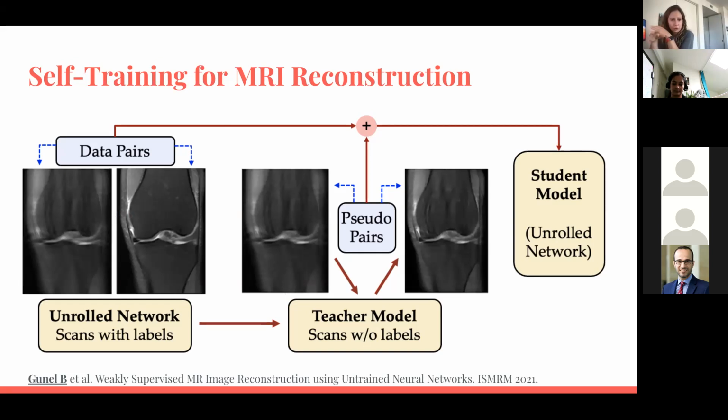We use that as a teacher model to pseudo-label purely undersampled scans, which we have a lot of, since we can always get access to a bunch of undersampled scans. You can see the inferred pseudo pairs still have some aliasing artifacts, they're not perfect, but then we combine these supervised pairs and weakly supervised noisy pseudo pairs and train another student model, which is again an unrolled network. The goal is that you're leveraging a lot of the unsupervised data you have, but you're still getting short inference time.